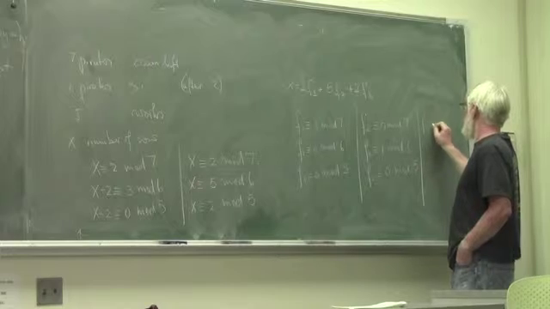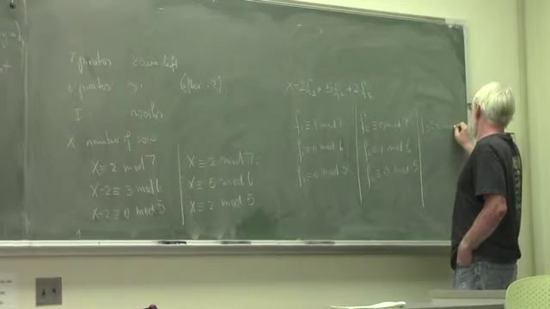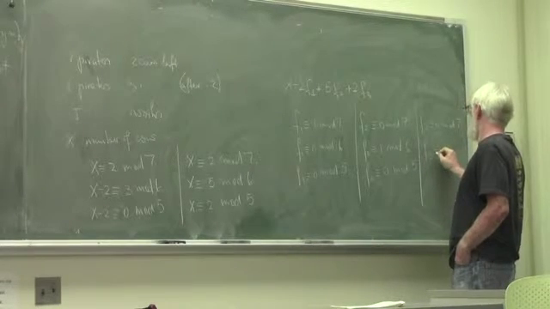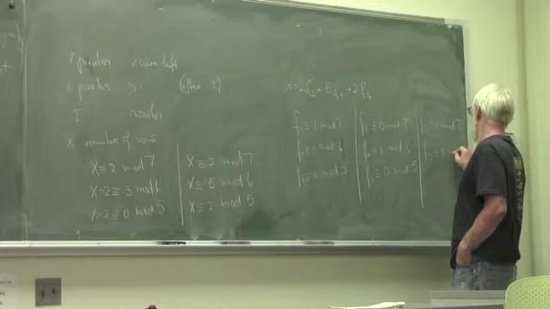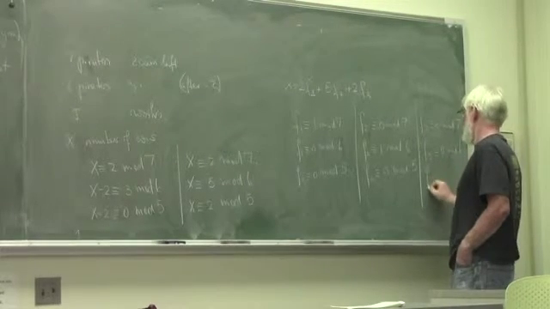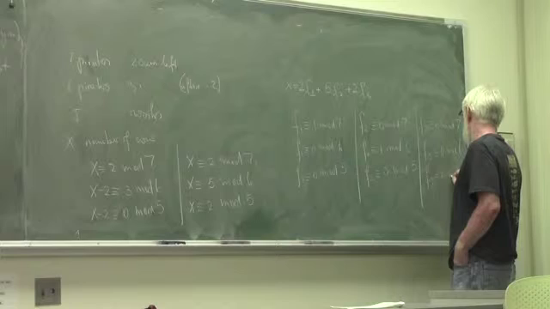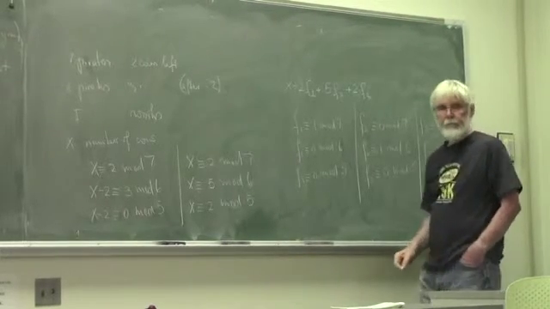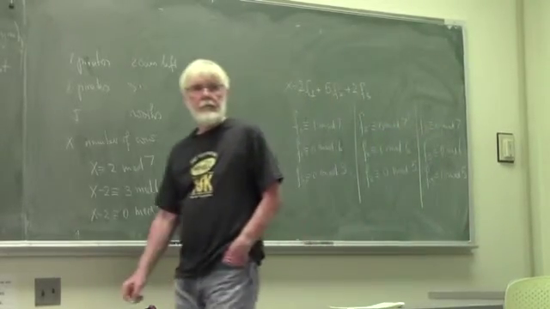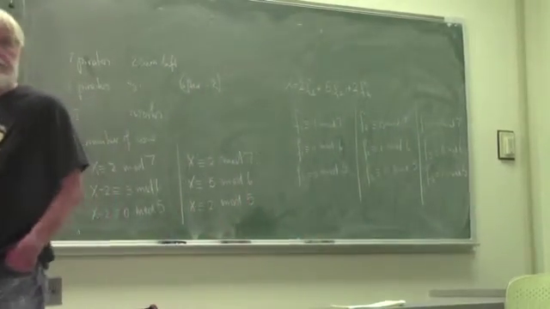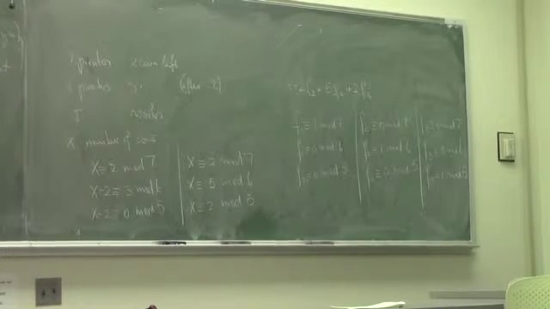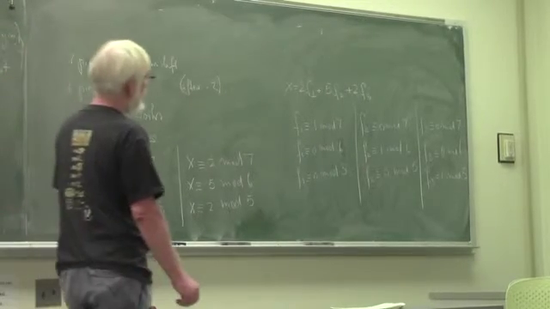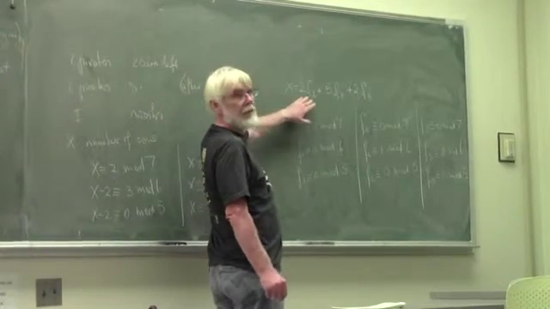And F3 will be 0 mod 7, F3 will be 0 mod 6, F3 will be 1 mod 5. So if you find an F1, F2, and F3 like this, X would work.